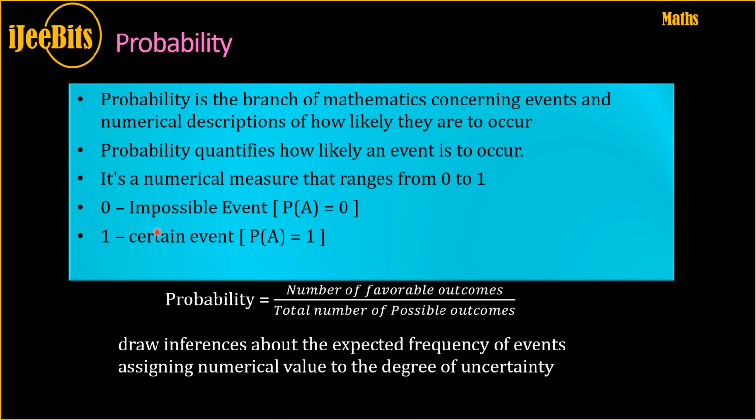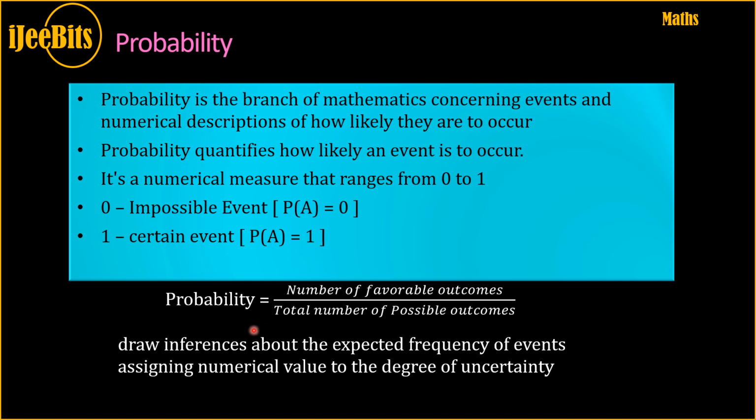0 means an impossible event. That event is never going to happen in that particular scenario. In that case, you say the probability of that event is 0. If you are 100% sure that the event is going to happen, then you say the probability is 1, P(A) equal to 1.